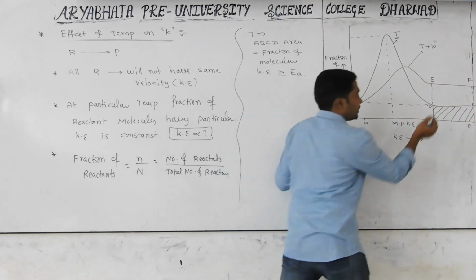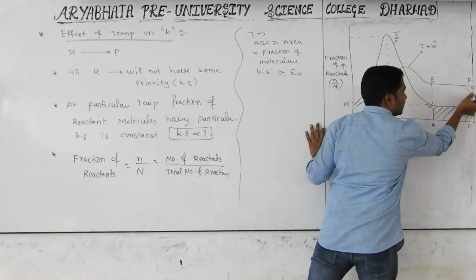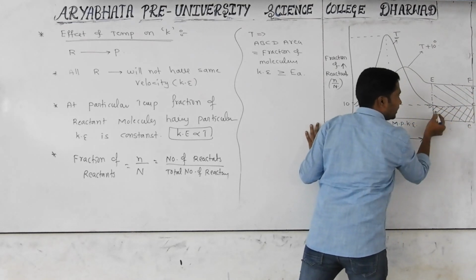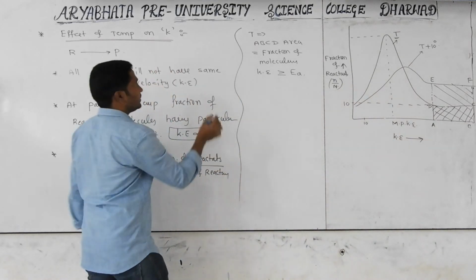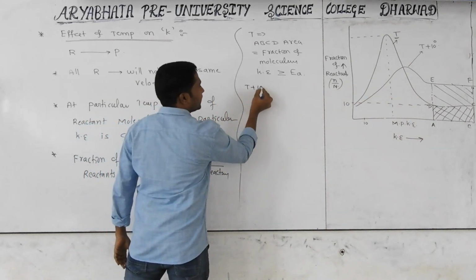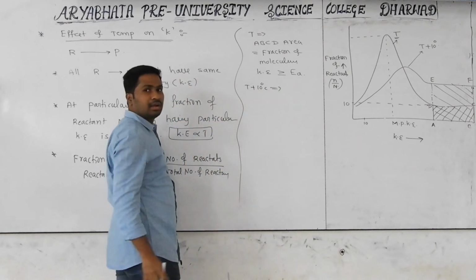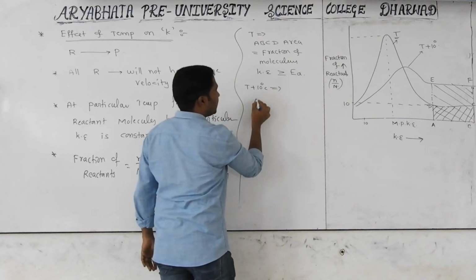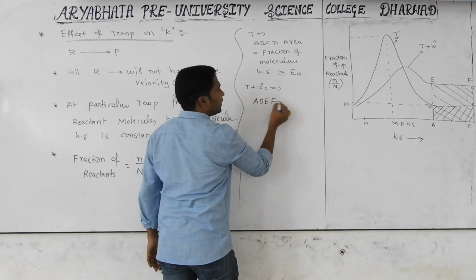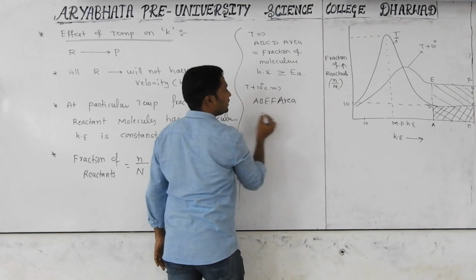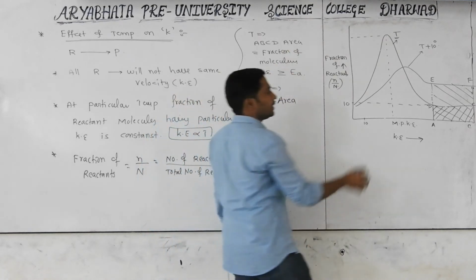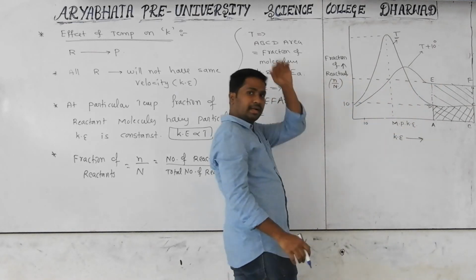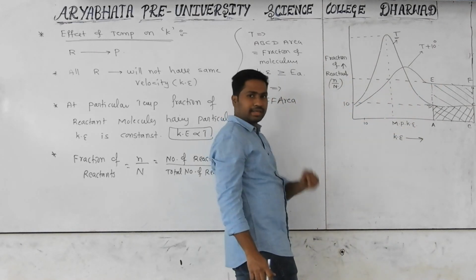To show the variation, I am drawing another cross line here. See carefully, like this. At T plus 10 degrees Celsius, what is the area? A, B, E, F. The ABEF area indicates the fraction of molecules whose kinetic energy is very high, more than the activation energy.